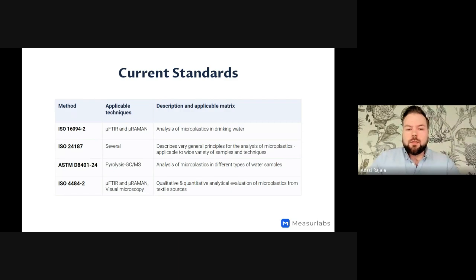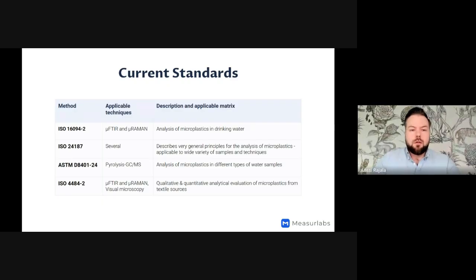And this is an international standard method, and it's specifically meant for analysis of very pure water samples that don't require any other sample preparation steps except the filtration. There's also part 3 for this same standard incoming, that is for the thermoanalytical methods, but it's not yet released. This was just released last month, this standard.